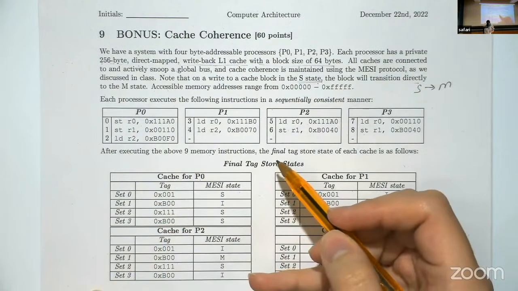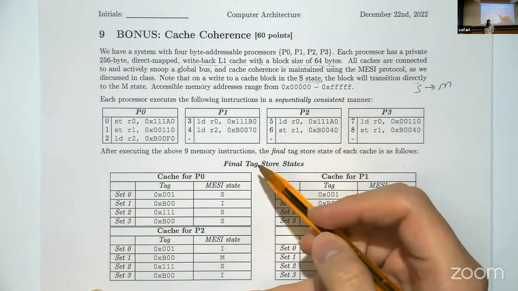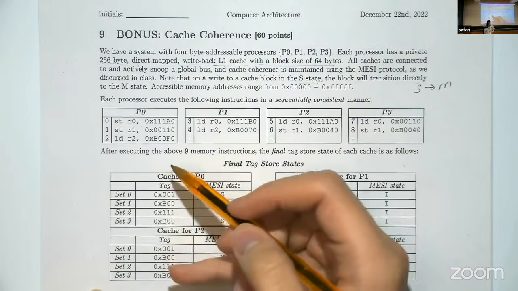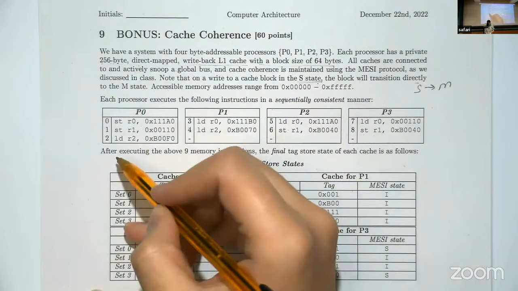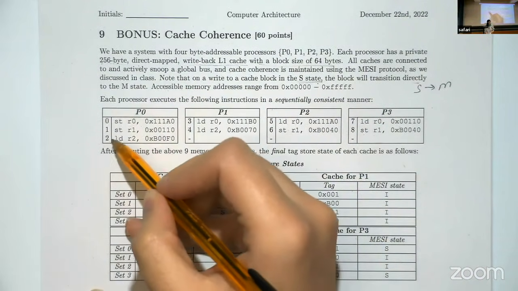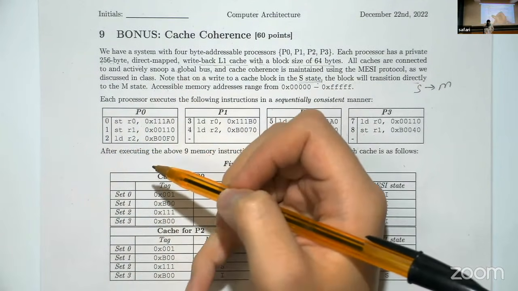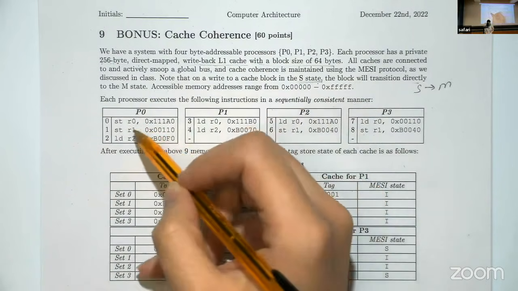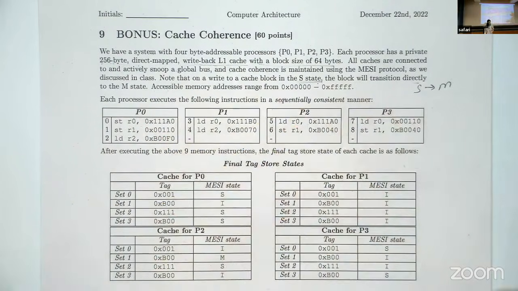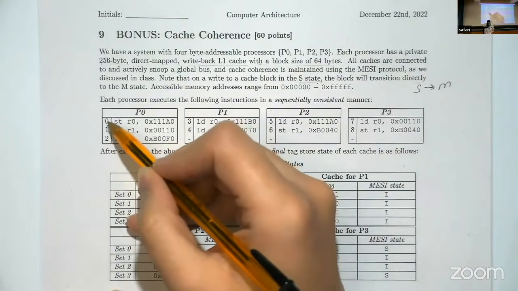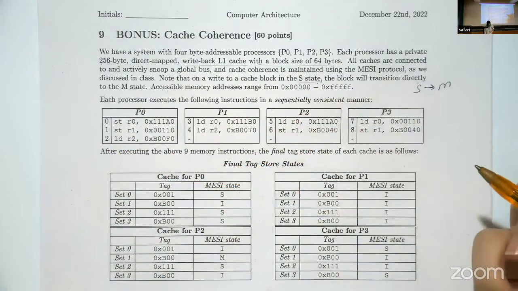I hope that you still remember what sequentially consistent is. For this question, what we're interested in is that we cannot reorder instructions that are executed in one processor, but we can change the order of instructions from different processors. So we cannot reorder 0, 1, 2, for example.